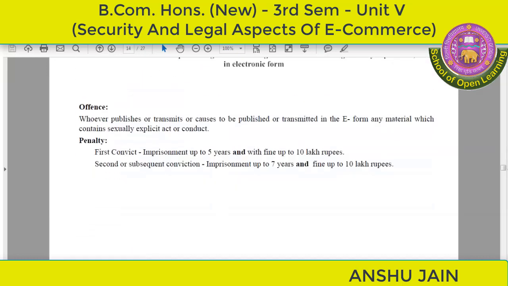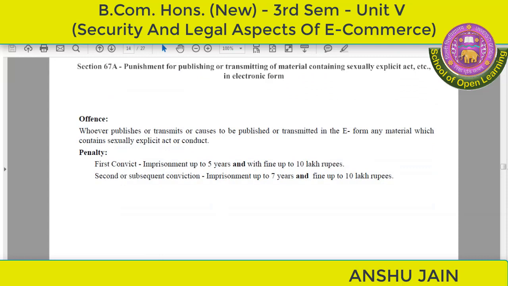Then the next section is talking about the punishment for publishing or transmitting any material containing sexually explicit act at a digital platform. The section is 67A.